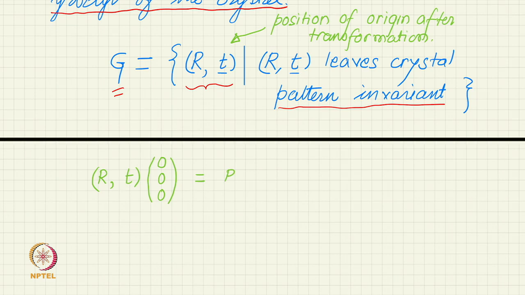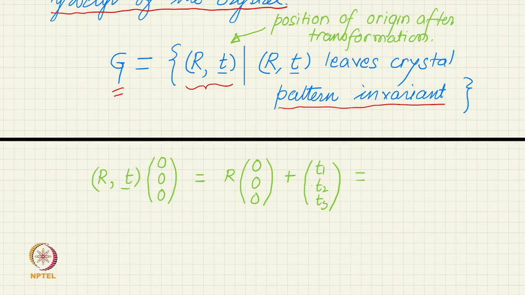So that means by the definition of affine transformation, you will have R applied to 0 0 0 plus the translation vector T, which let me write again as a column vector T1, T2, T3. So T1, T2, T3 is the representation of T in the relevant coordinate system.